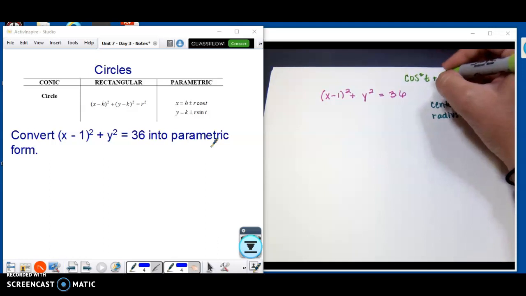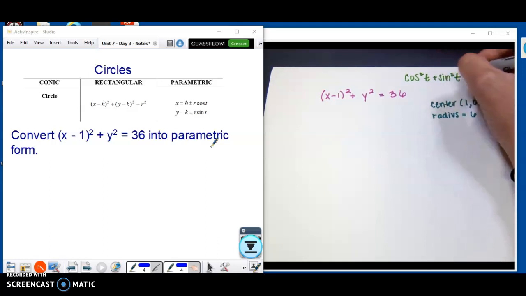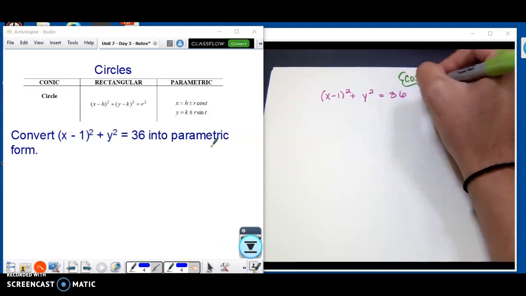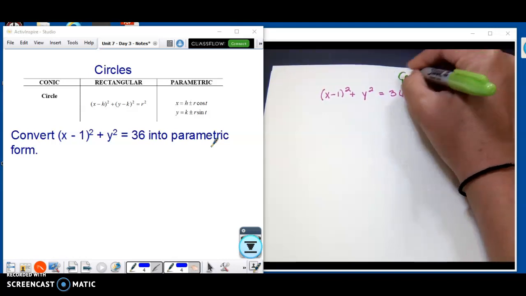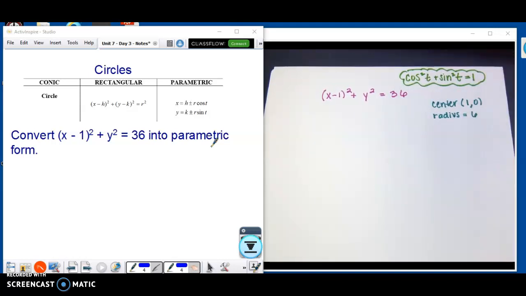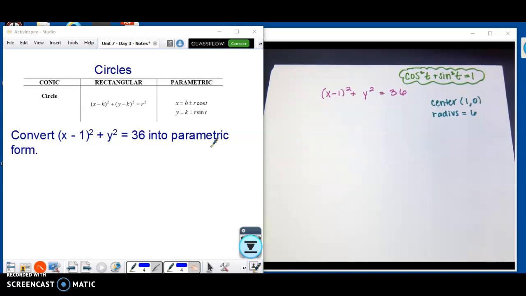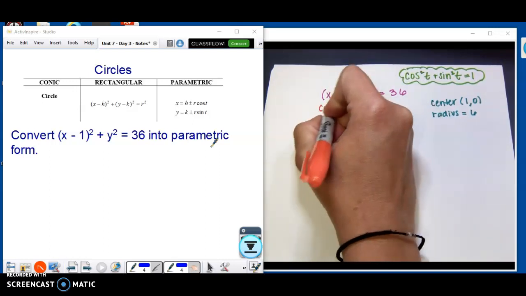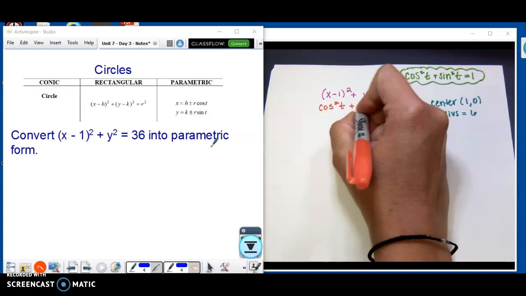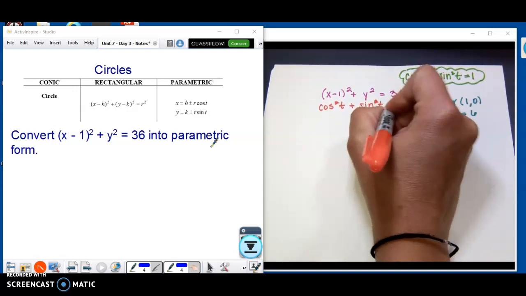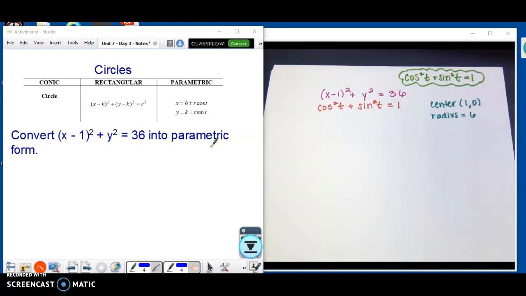We're going to be using this Pythagorean identity, hopefully you know from last unit, when we're doing circles and when we're doing ellipses. So directly underneath this rectangular form, I'm going to write cosine squared t plus sine squared t equals 1, because we're going to be comparing these two equations.